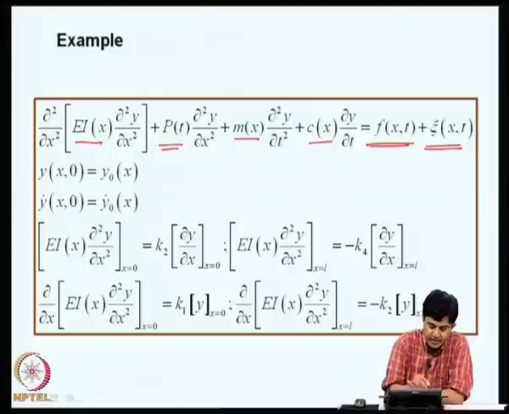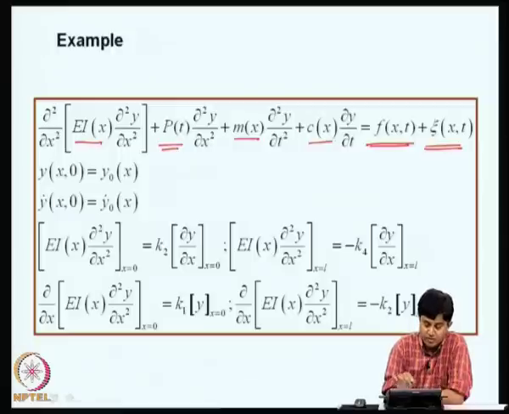The quantities EI of x, m of x, c of x vary in the spatial coordinate x, and they can also be random, and they can be modeled as random fields. If their variation with respect to x is not very significant, they can as well be modeled as random variables.